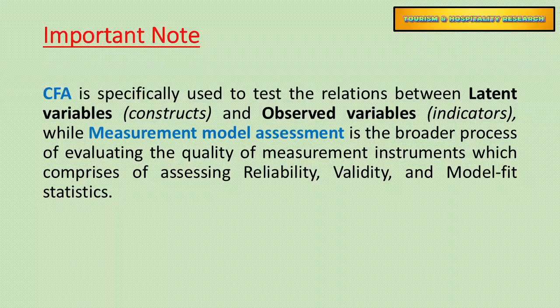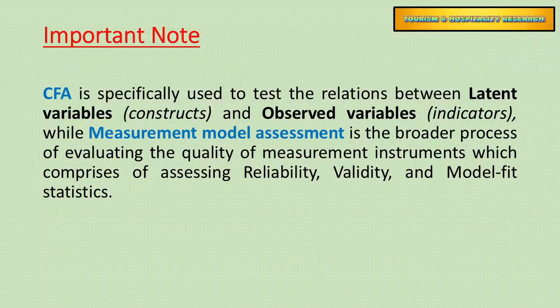CFA is specifically used to test the relations between latent variables, which are also known as constructs, and the observed variables, which are the indicators, or your statements on which you are seeking the response from the sample.